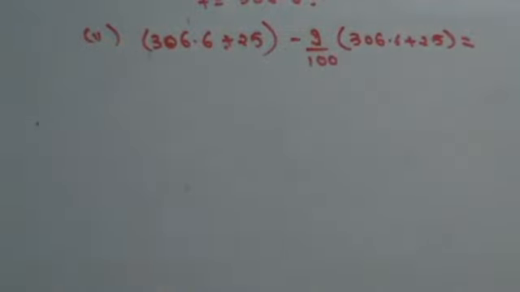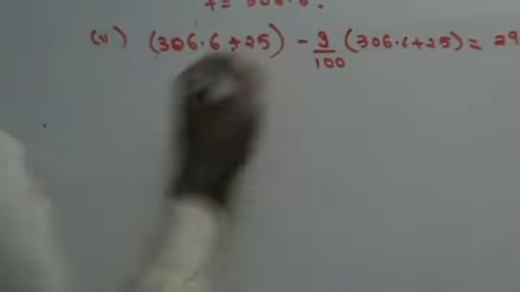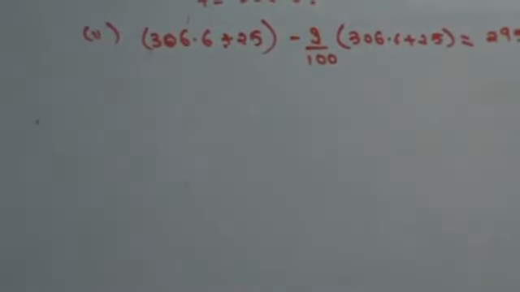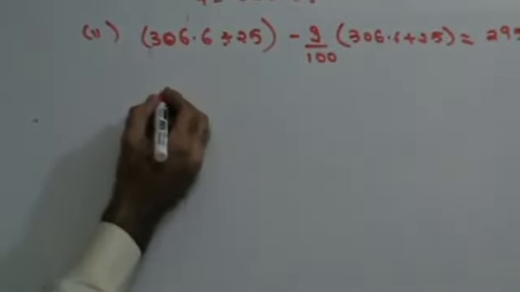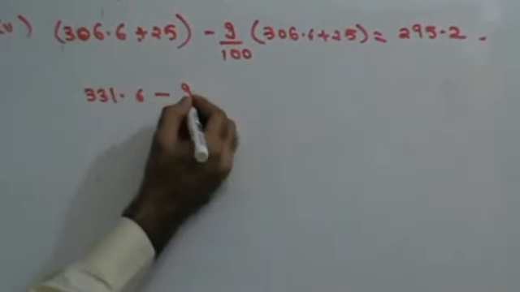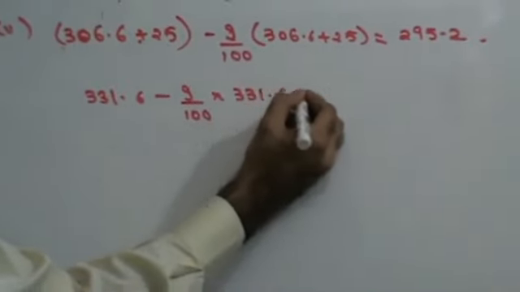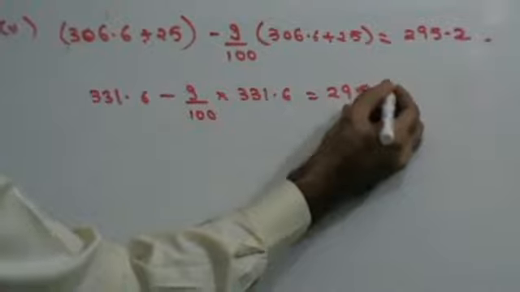Saturday evening you had 295.2 centimeters of water. Right? 306.6 plus 25 is 331.6 minus G% of 331.6 is 295.2.